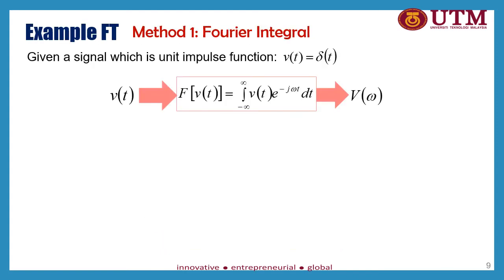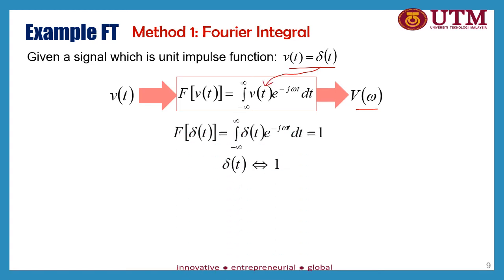Okay, let's look at this example. We're going to try two methods. The first one uses the Fourier integral, or the integration of the signal in time domain. Given your signal in time domain v(t) equal to delta t, by using the Fourier integral you need to integrate this particular signal in order to get V(omega).